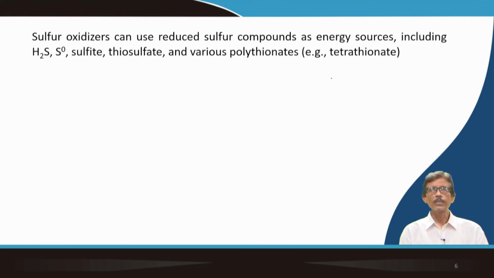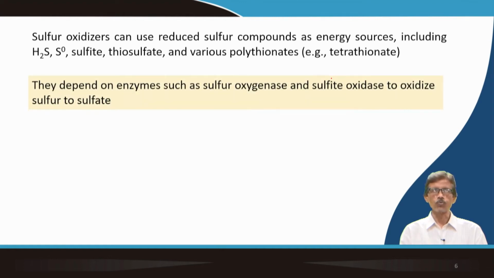So, the oxidizers can use all these reduced forms, not the sulphide, not the sulphate, but they can use H2S, that means H2S sulphide, because you can go for further oxidation, or thiosulphate S2O3 2 minus, and various other polythionates, such as tetrathionate. So, these are all the reduced forms.